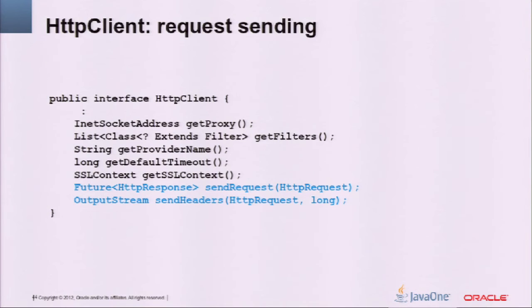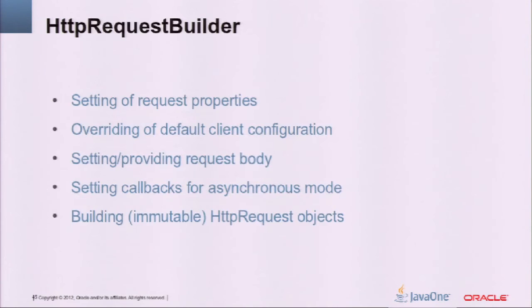And on the HTTP request, you may have configured those completion handlers for errors and body parts coming and request headers, response headers coming. So you would get callbacks then. Otherwise, if you want to do that traditional I/O, where you send the request headers and then do a blocking write on an output stream of the request body, we have the second, highlighted in blue there, send headers method that returns an output stream to the request body.